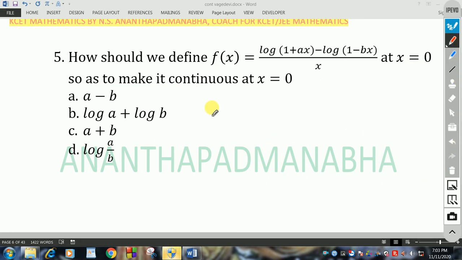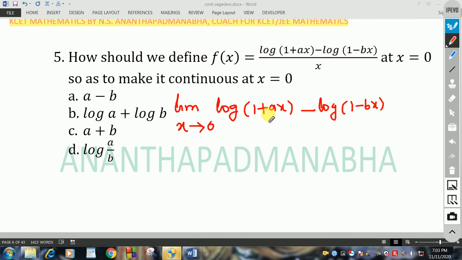I have to take the limit as x tends to 0 of (log of 1 plus ax minus log of 1 minus bx) divided by x. So I have to evaluate this problem, that is, find the value of f of 0.